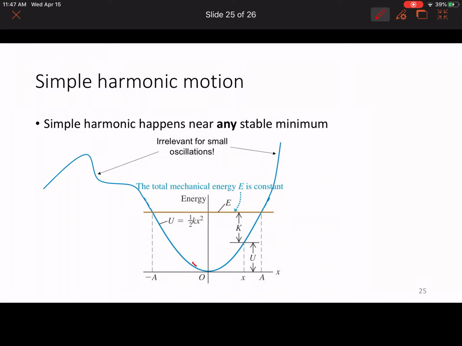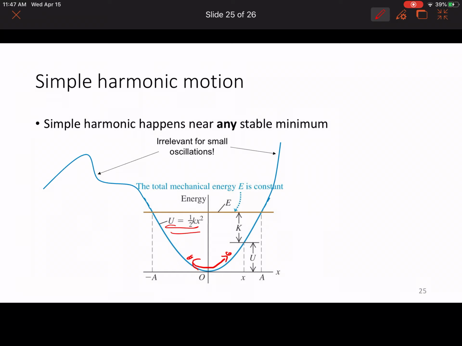As long as where the particle is oscillating, it looks like 1/2 kx squared, it looks like a stable minimum, the physics is still just 1/2 kx squared. So that's the key to why simple harmonic motion is pretty much everywhere.